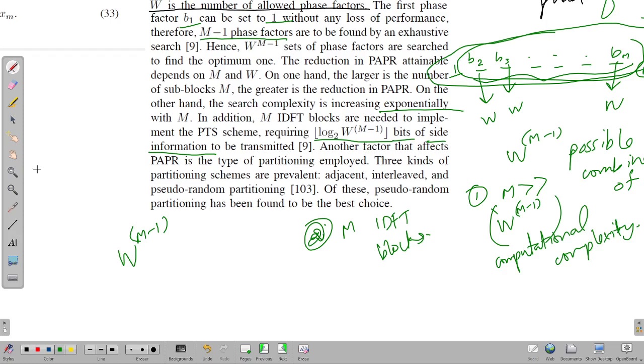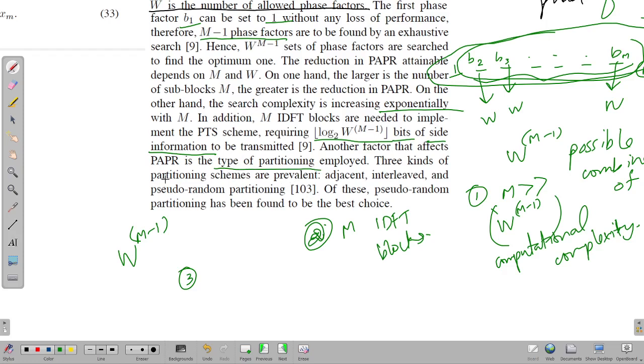Another factor, which is not a disadvantage but a feature of this technique that affects the PAPR, is the type of partition.